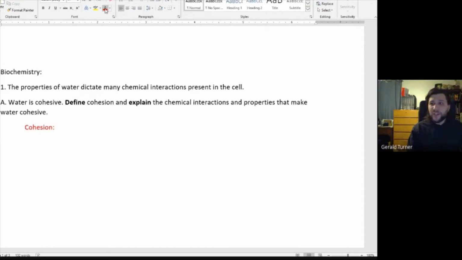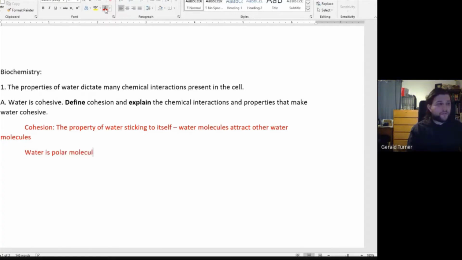So cohesion, this is the property of water sticking to itself. In other words, putting it more scientifically, water molecules attract other water molecules. So why this happens, this is where we need to remember that water is a polar molecule, meaning that the electrons are shared unequally between the different atoms.